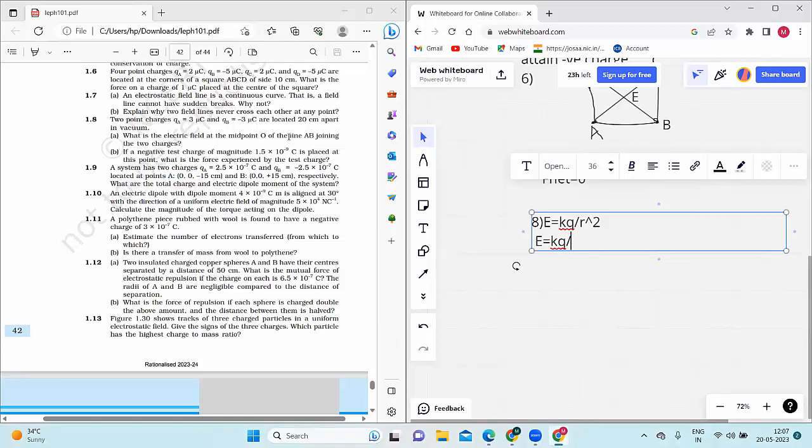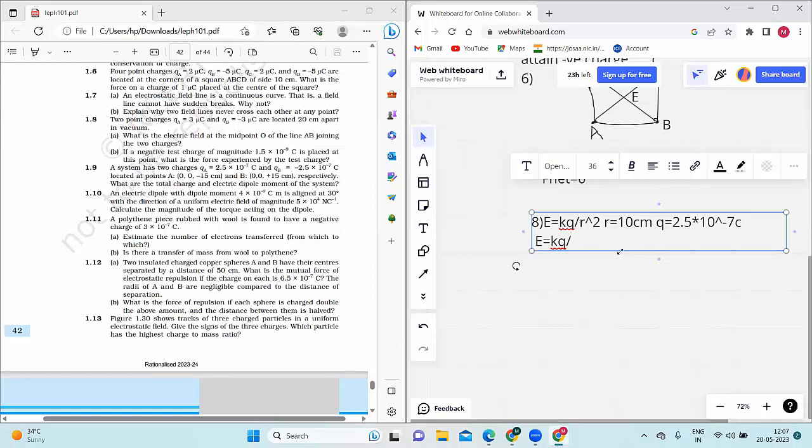The distance between the charges is 20 centimeters, so R is 10 centimeters from each of the charges, and Q is 3 into 10 power minus 6 coulomb.